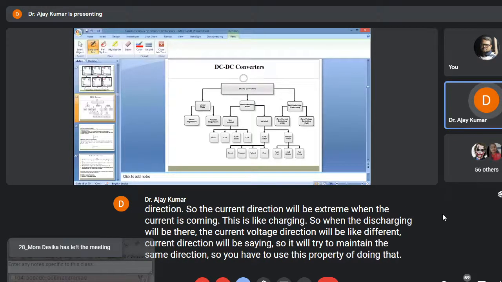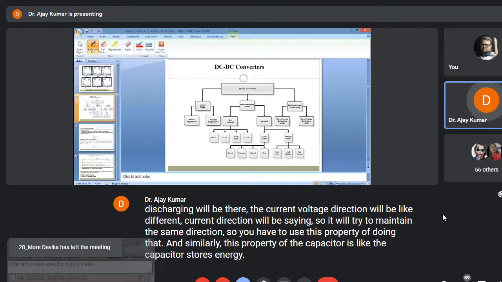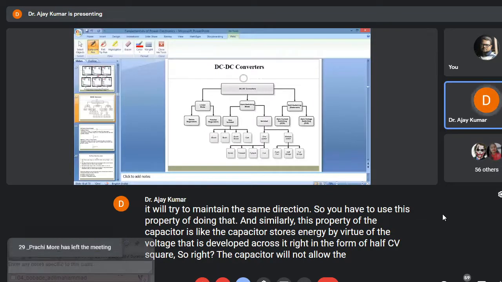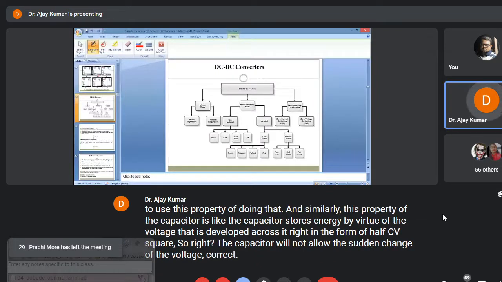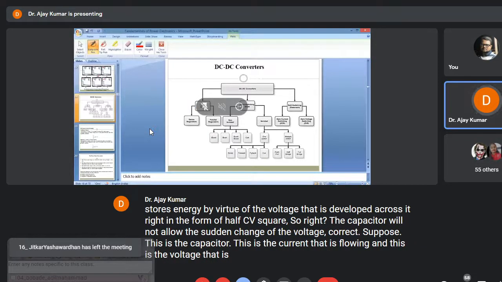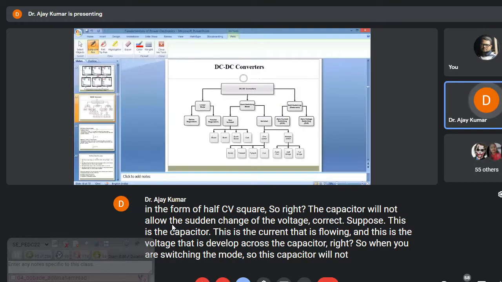And similarly, the property of the capacitor is like this. The capacitor stores energy by virtue of the voltage developed across it, in the form of half C V square, right? So the capacitor will not allow a sudden change of the voltage, correct? Suppose this is the capacitor, this is the current flowing, and this is the voltage developed across the capacitor. When you are switching the mode, the capacitor will not allow the voltage to change like this.